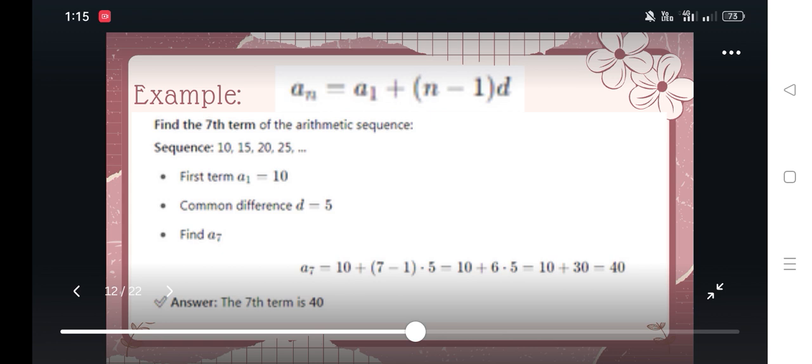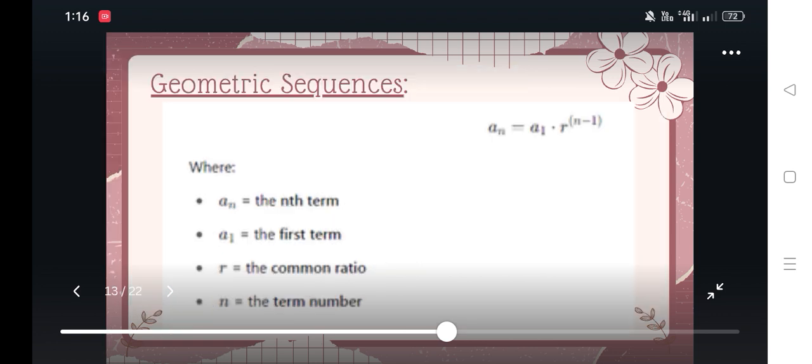Nas parentheses, 7 minus 1, 6. Then 6 times 5 is equal to 30. Then 10 plus 30 is equal to 40. So our final answer would be the 7th term is 40. Nasabtan ra? Okay, let's proceed.